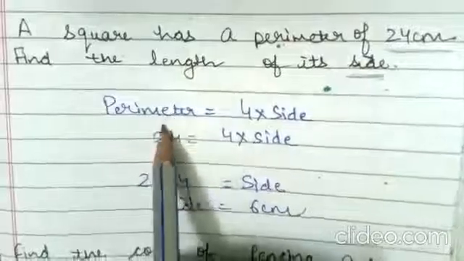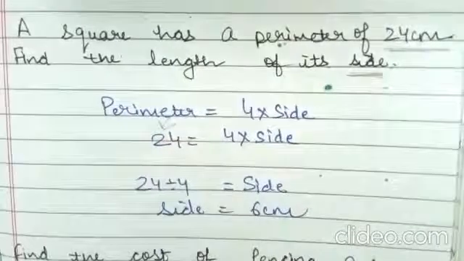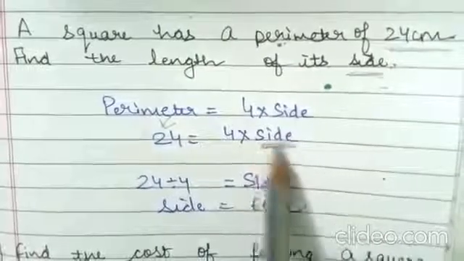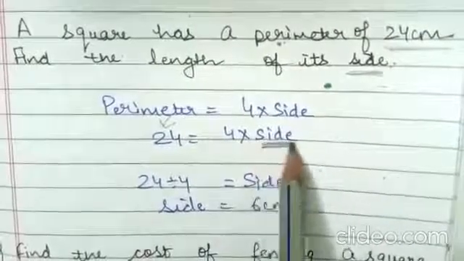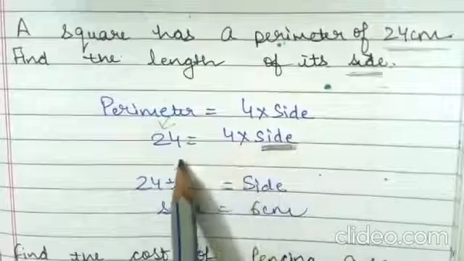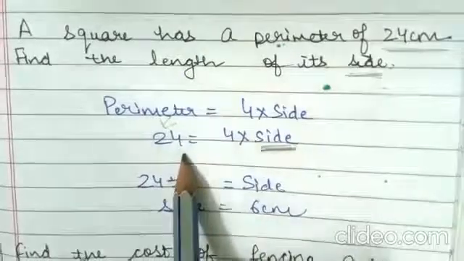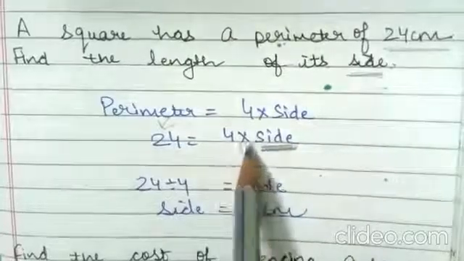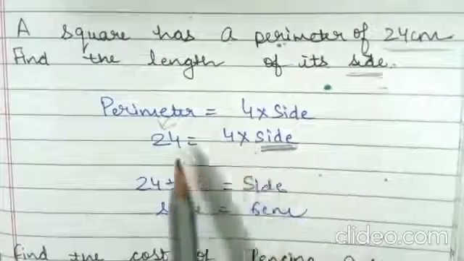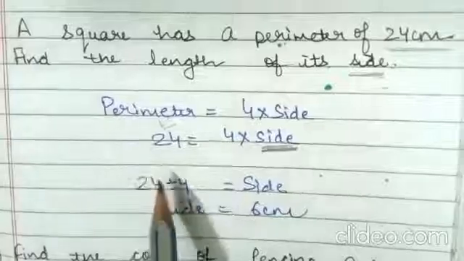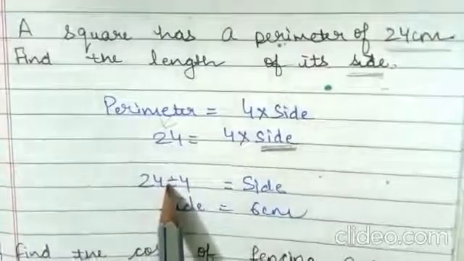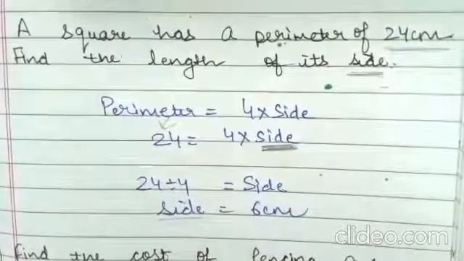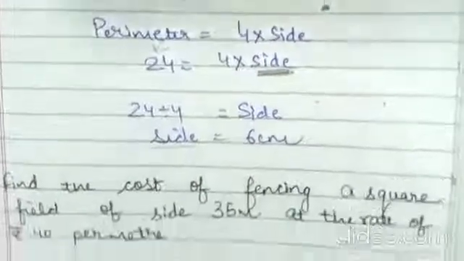Now the perimeter is 24. We have to find what? Side. So we will shift 4 to the left hand side. Now it is getting multiplied here, when it is shifted, it gets divided. So the side we got is 6 centimeter. Clear?